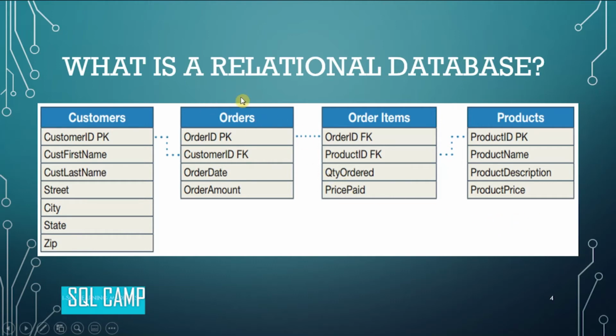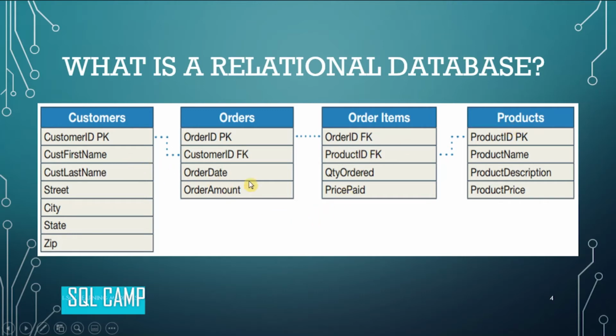So let's say this is DB1, or database 1, for example. It has 4 tables in it. The first table will be the customers table. The second table is the orders. The third table will be the order items, and the fourth table will be products.